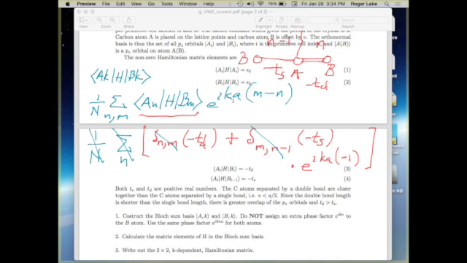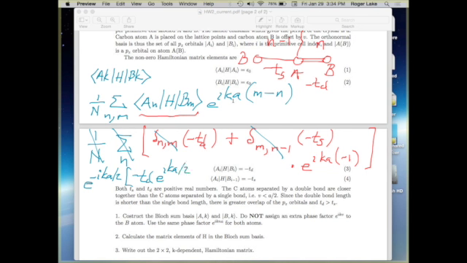I don't know what the questions were. I would probably want to simplify this matrix element by factoring out an e to the i something. What would I want to factor out? e to the minus i k a over 2. So that's e to the minus i k a over 2 times minus T_D e to the plus i k a over 2, minus T_S e to the minus i k a over 2.